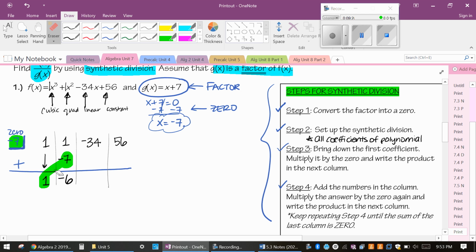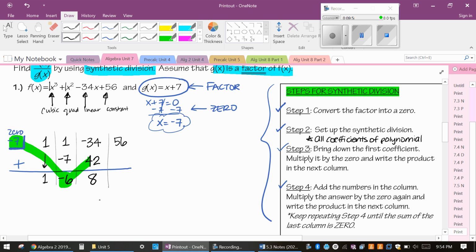I'm going to multiply negative 7 with negative 6 and put that in the next column. So negative 7 times negative 6 is 42. And now I'm going to add the 2 terms in this column. Negative 34 plus 42 is 8.